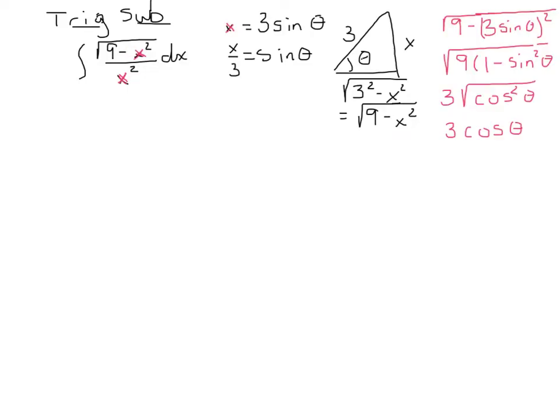I'm going to say that again. The x that I choose goes with this triangle, and whatever square root comes out of the triangle better match the square root that I have in my integral. That way I know I have chosen a correct value of x.